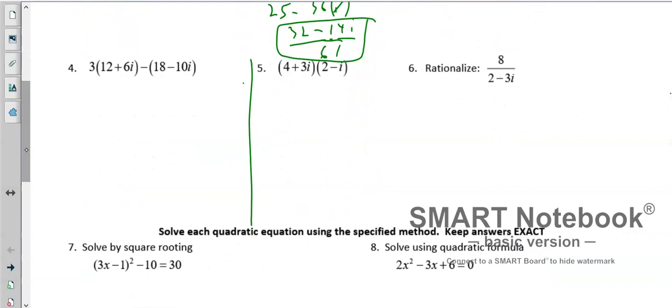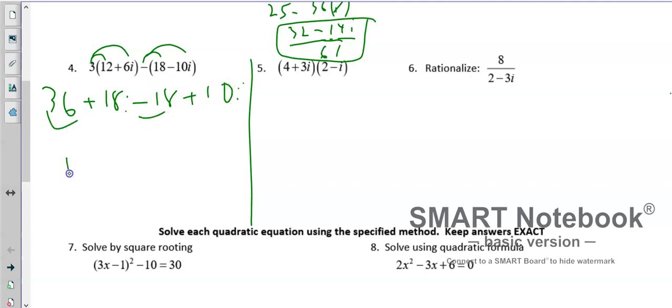Now, number 4, I have to be careful, make sure I distribute this 3 to both and the negative to both of these. So 3 times 12 is 36. 3 times 6 is 18i. Minus 18 and plus 10i. Now I can join like terms. 36 minus 18 is 18. 18i plus 10i is 28i.